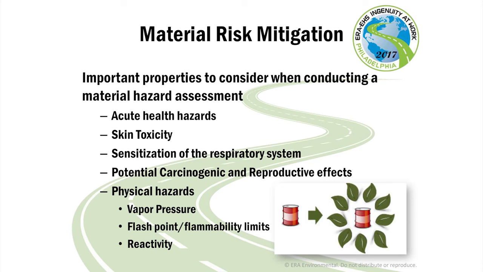If overexposure to the chemical does cause hypersensitive reactions like asthma attacks, for instance, then you need to take into consideration incorporating control measures to ensure that your employees are safe. And when it comes to carcinogenic and reproductive effects, you might have to employ special handling procedures.